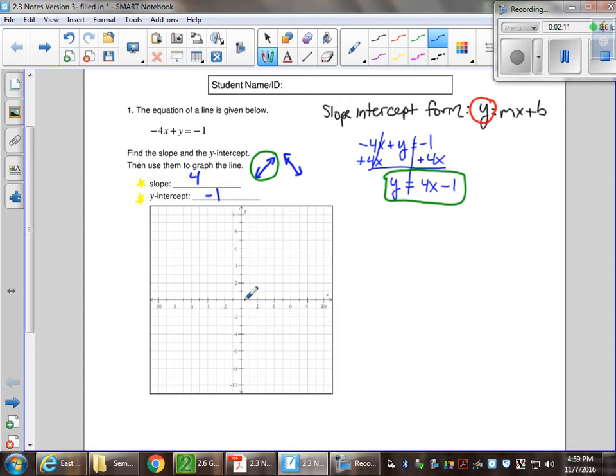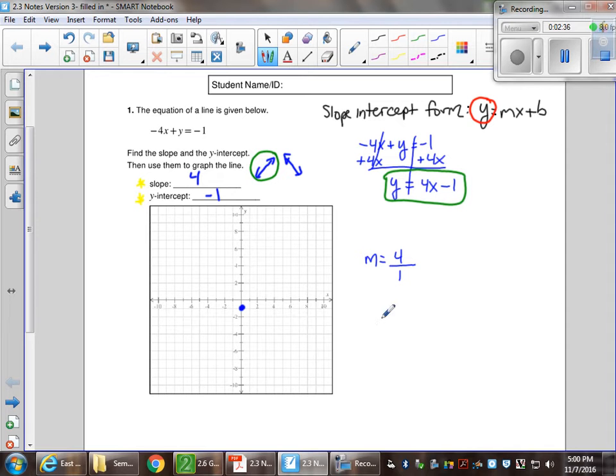So step 1, plot the y-intercept. Be sure that your y-intercept doesn't end up on the x-axis. It happens. Now from here, I can either go up or down. So my slope is 4. What's that actually over, though?